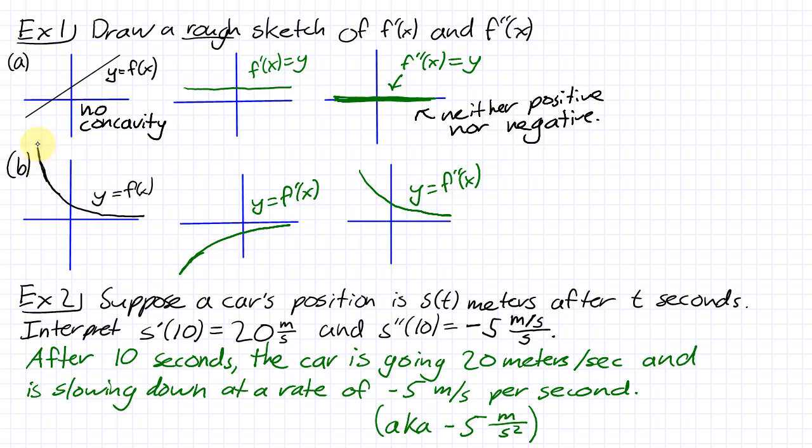For part B here, this has negative slope out here, steeply negative slope, so a big negative number is f prime of x. Then the slope gets closer to 0, it gets flatter and flatter, so f prime of x, the y coordinates here, get closer to 0, but still they're always negative.